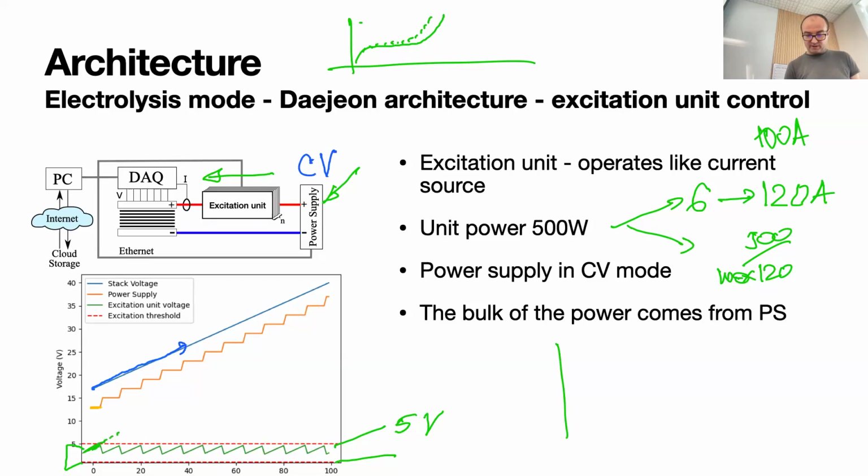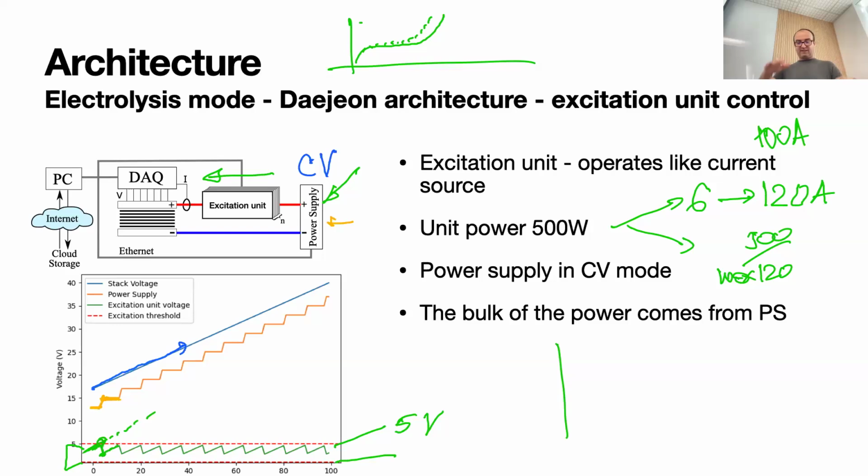So at some point, our excitation unit will cross the threshold of 5 volts, and it will go into a safe mode operation. In order to prevent that, we have to bump up the main power supply to another voltage level, and this will cause immediately the voltage of our power supply to drop.